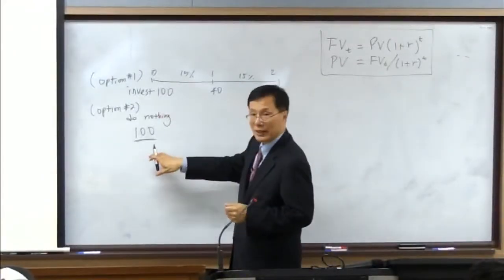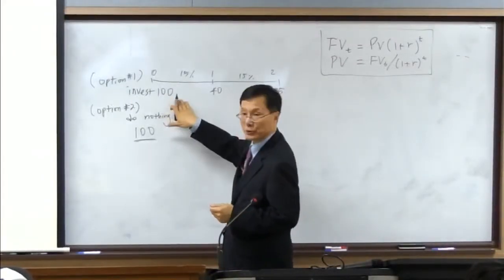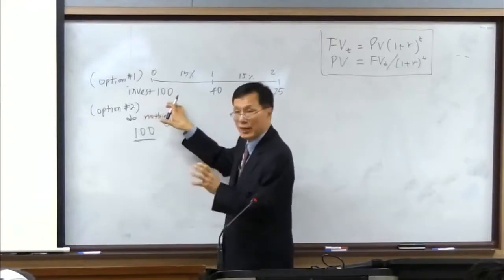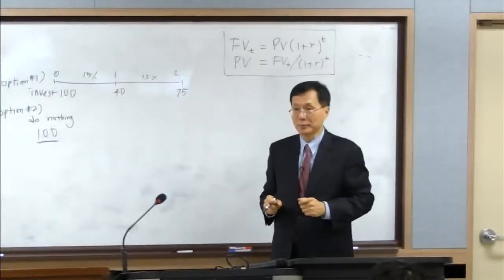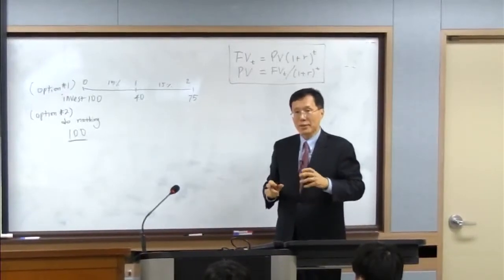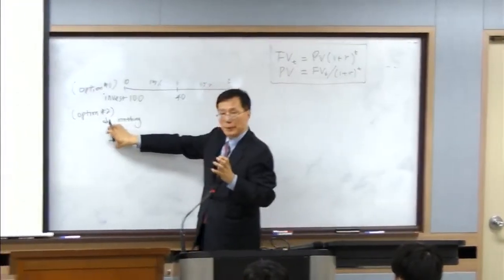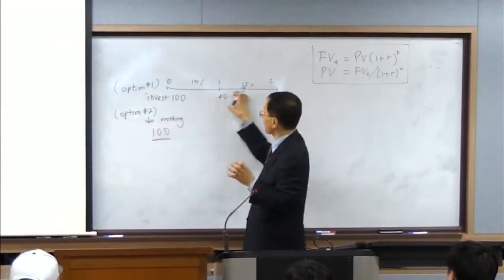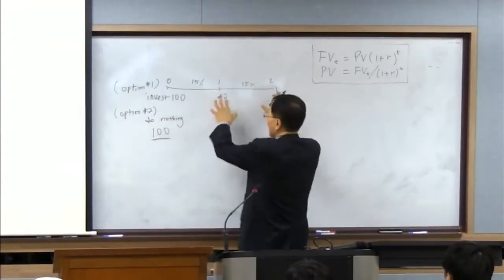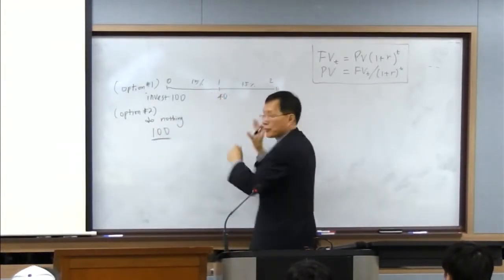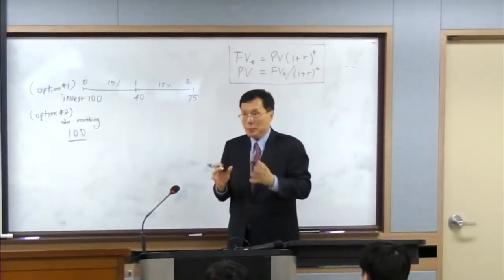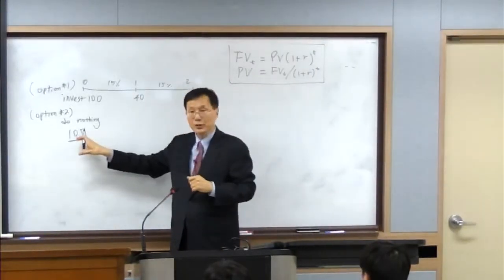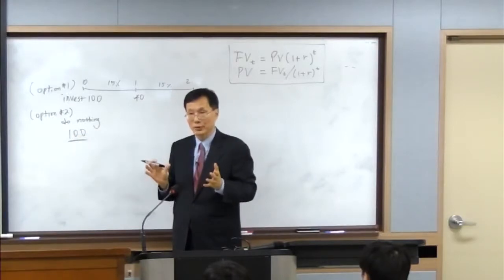You're comparing that option with this option. If you invest, then you are going to have 40 and 75. So you are giving up 100 in order to get this. And what is the present value of these two cash flows? And compare that with the nothing alternative of 100.